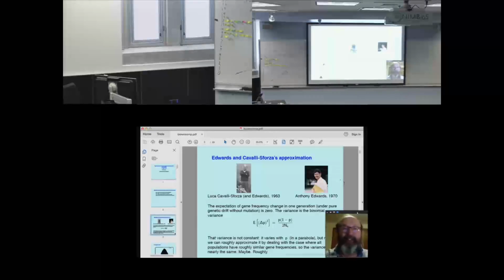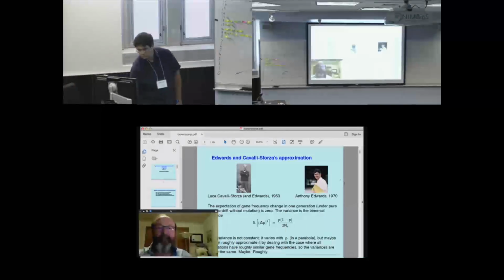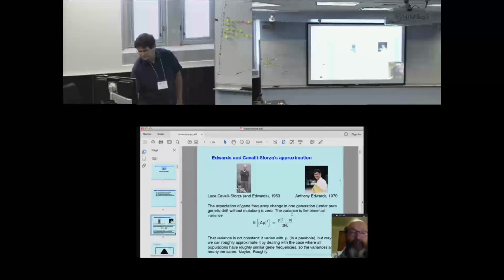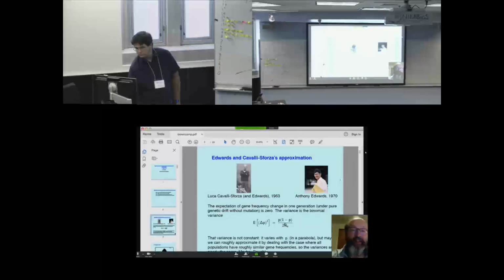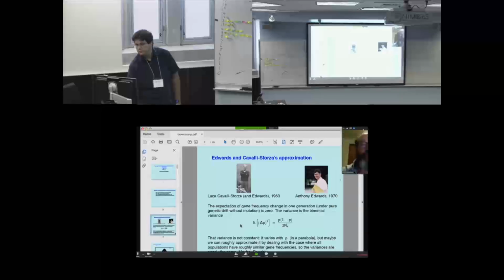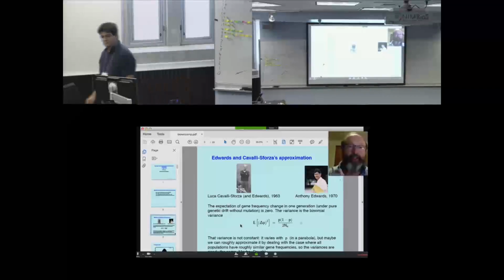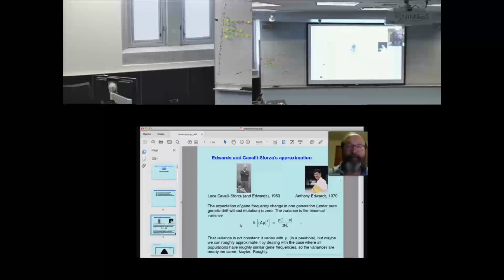And this isn't necessarily an uncontroversial choice. What you have when you have genetic drift is that the average change of gene frequency under pure genetic drift is 0. That is, the gene frequency is equally likely to go up as down on your scale of gene frequency. But the variance with which it moves changes in different parts of the gene frequency space.